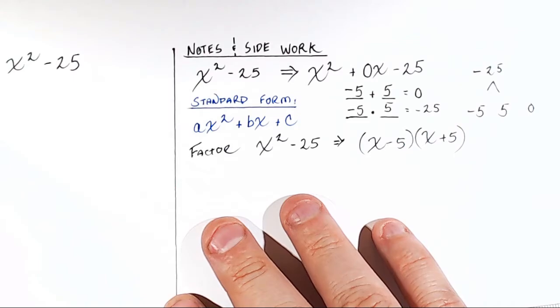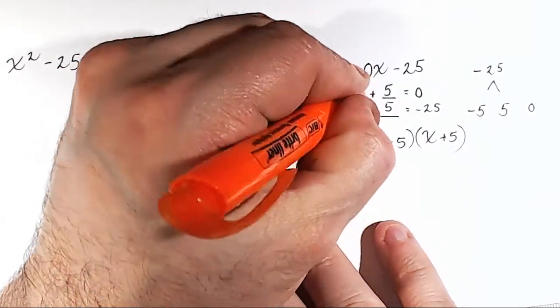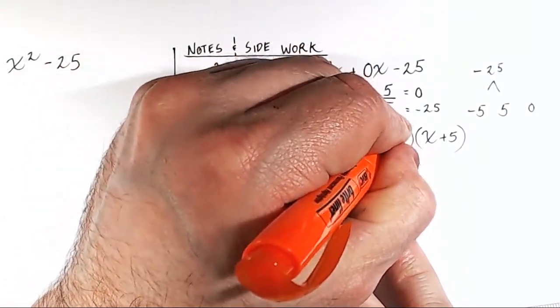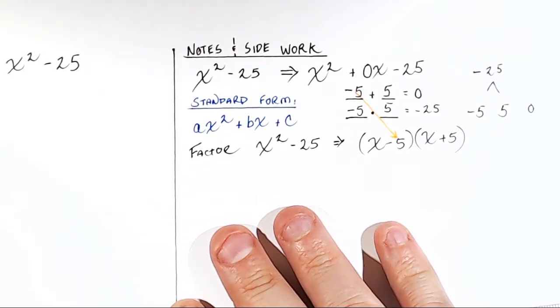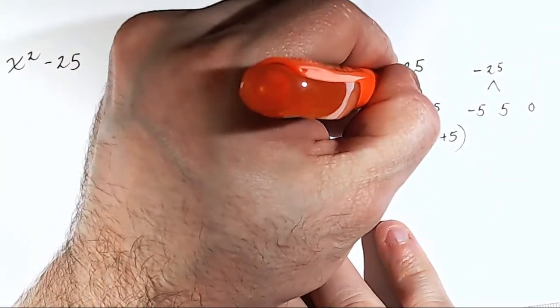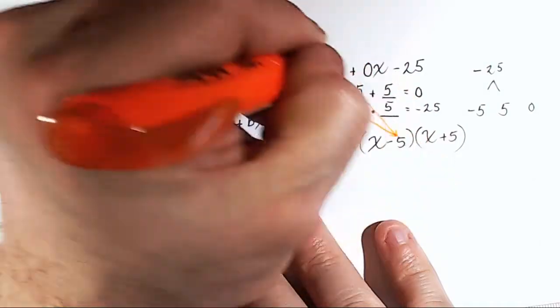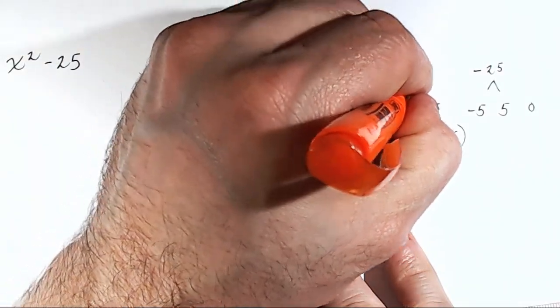Okay, because I'm getting that minus 5 factor here and that plus 5 factor here.